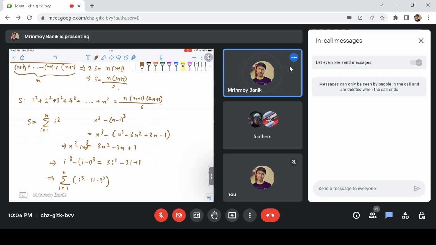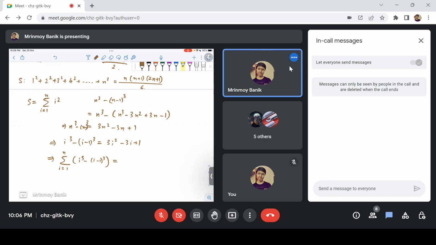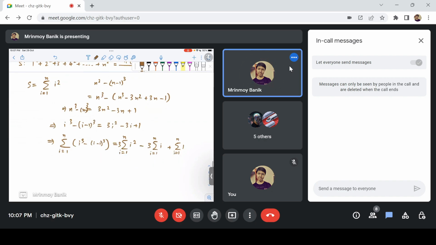So you can see a telescope on the left, and on the right we get 3 times the sum of i squared, the sum that we wanted, minus the sum that we know already, 1 through n, and this last thing is basically just n. So this is n. This is n into n plus 1 by 2, 3 times that.